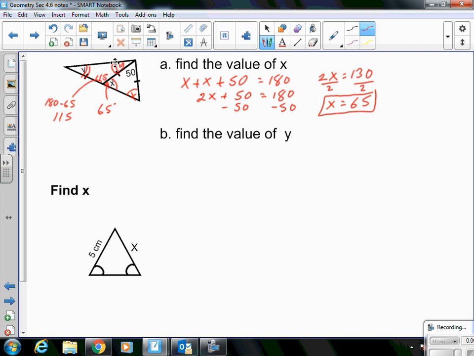So now we can do the two y's together plus the 115 is going to equal 180, right? So 2y plus 115 equals 180.